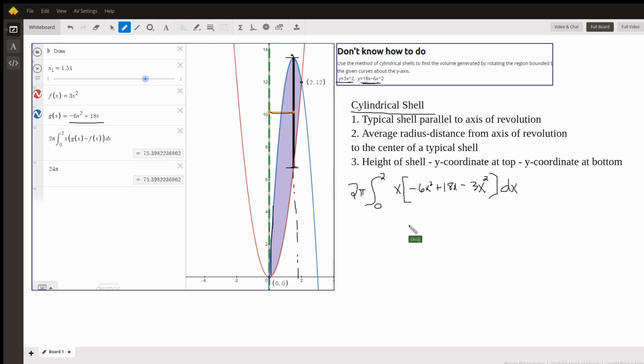We will distribute that x and put the, this would be x cubed, 18x squared, getting ahead of myself, minus 3x cubed plus 18x squared.